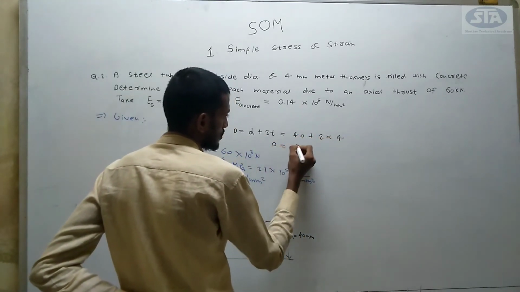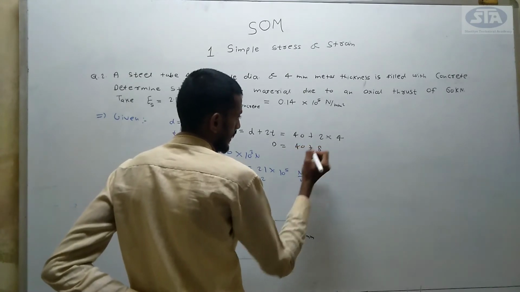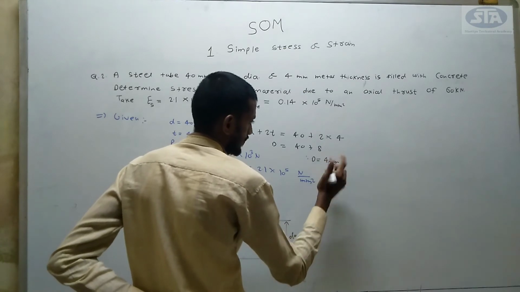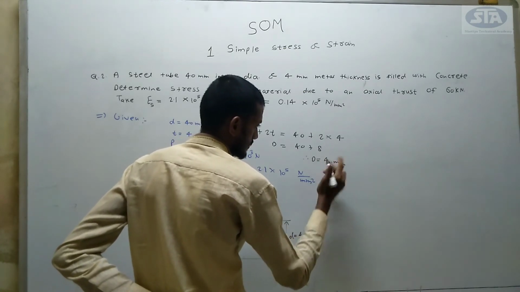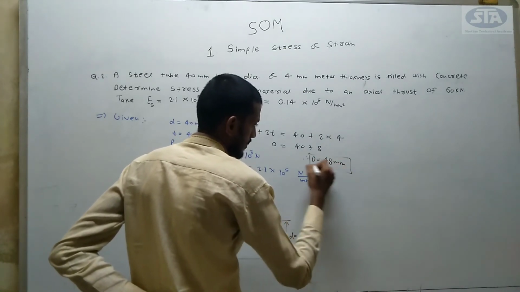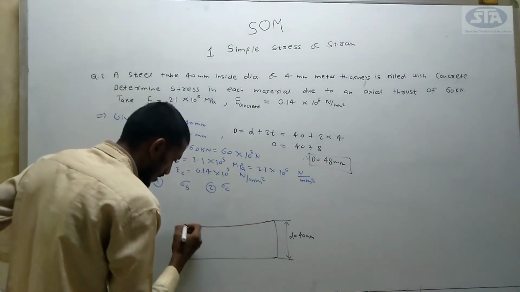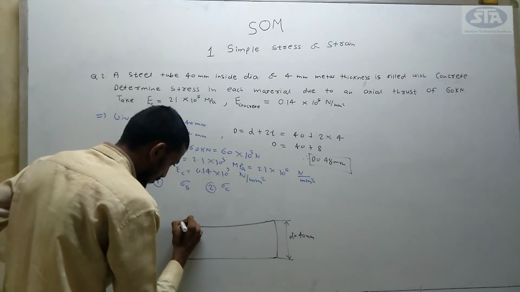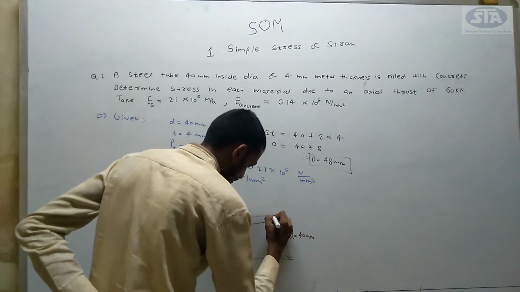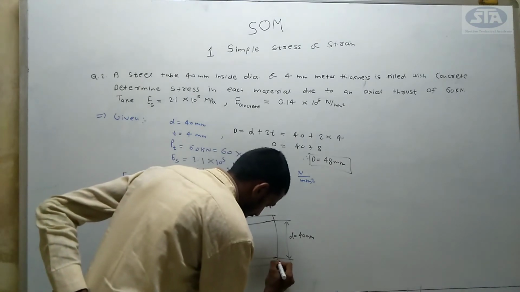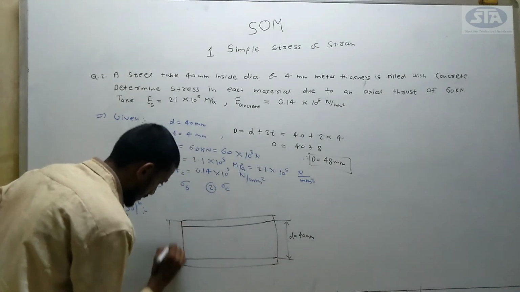Therefore capital D is equal to 40 plus 8. Therefore capital D is equal to 48 mm. So whatever this is small d, which is 40, outer diameter is 48 mm. So from this to this is called 48 mm.